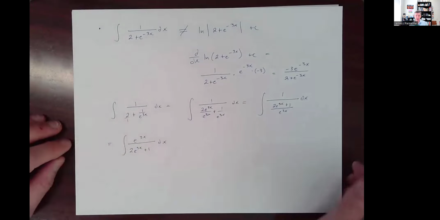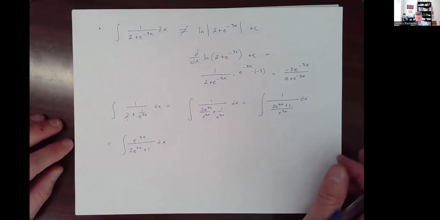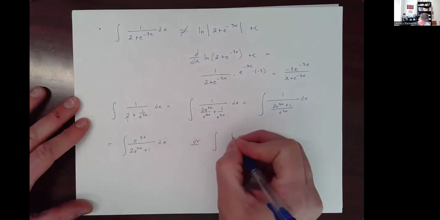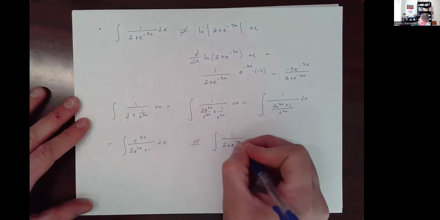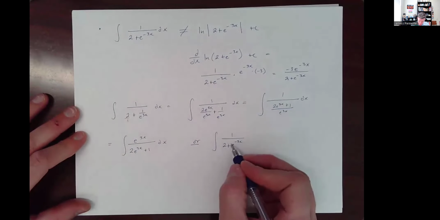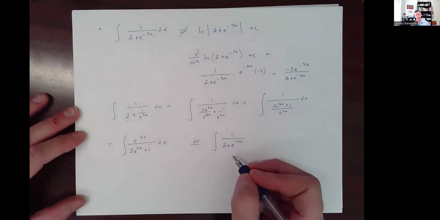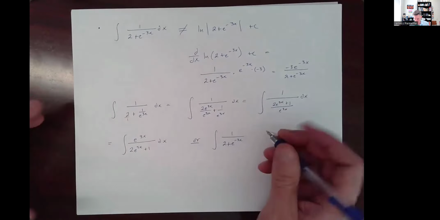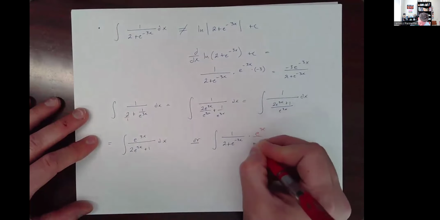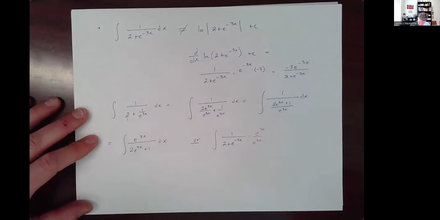That is a long way of doing something that I've always seen the easier way. So the easier way is to say, take your integral. And something that we often try is multiplying the top and bottom by the e to the opposite sign of this. It achieves the same result. So I multiply the top by e to the 3x and the bottom by e to the 3x. Look what happens.